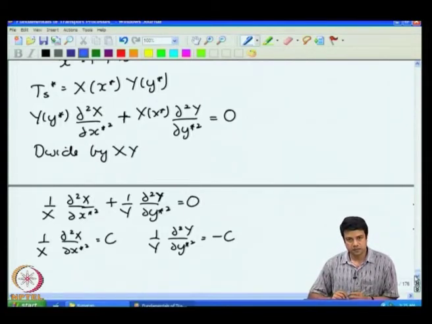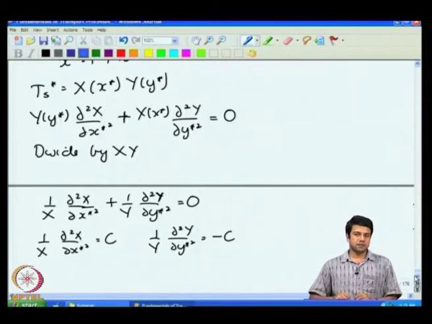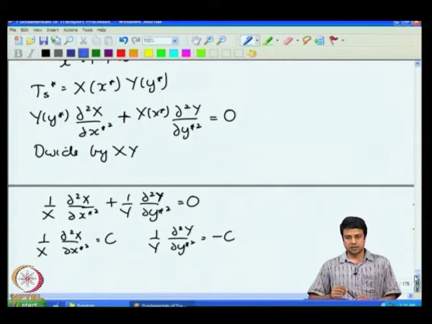Should this constant be positive or negative? That is where we had left off in the last lecture. How does one decide whether this constant has to be positive or negative? If you recall, when we discussed separation of variables for the transient problem, in that case we had homogeneous boundary conditions in the two spatial directions, and there was an initial condition for the transient problem which was not homogeneous. There was a forcing at the initial time.